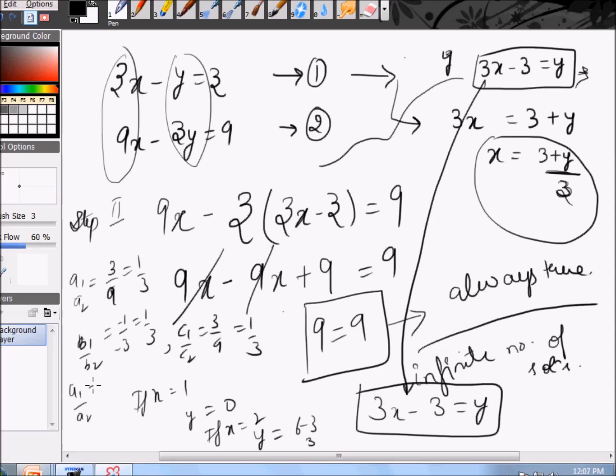Thus a1 over a2 equals b1 over b2 equals c1 over c2. In the graphical method we have studied in the video that this was the case for infinitely many solutions, which has been clearly shown by substitution method here.